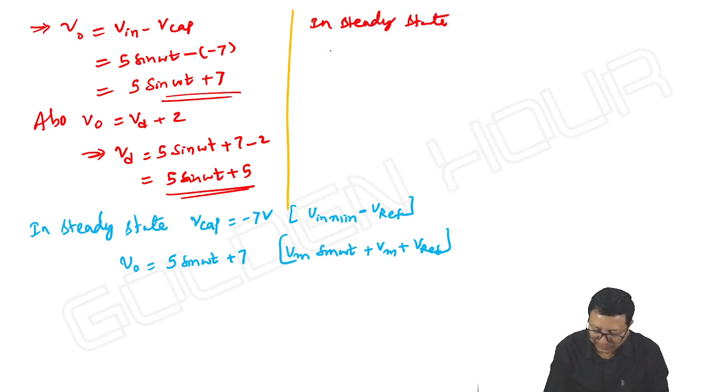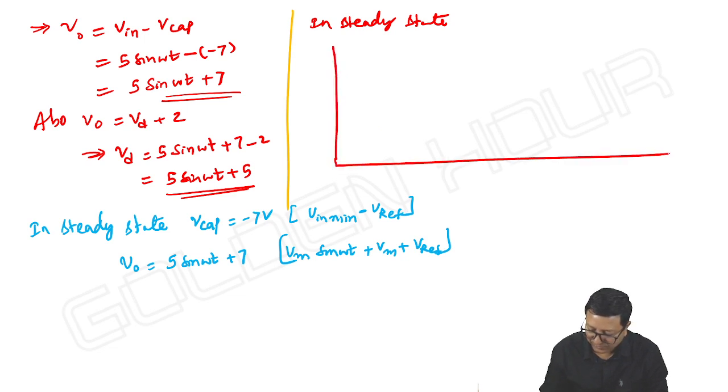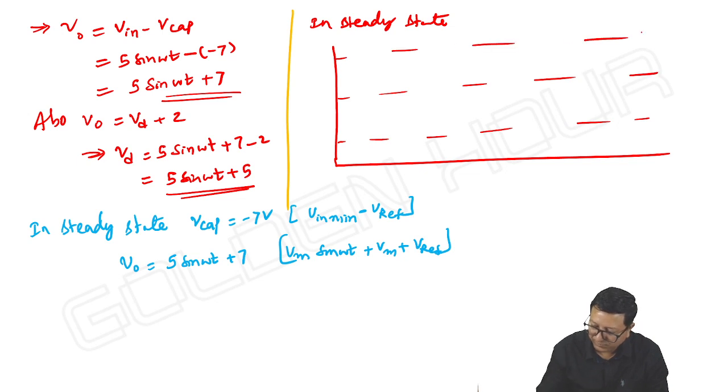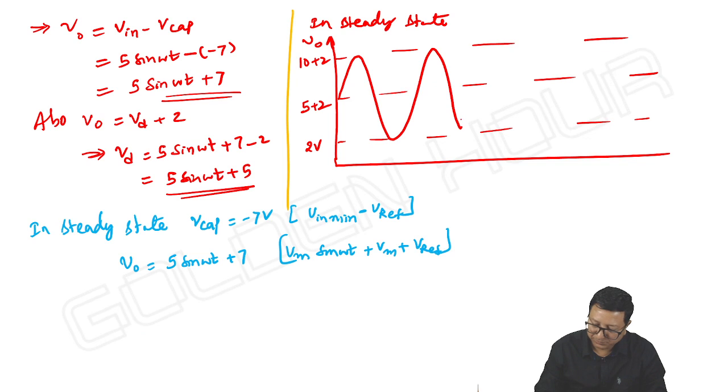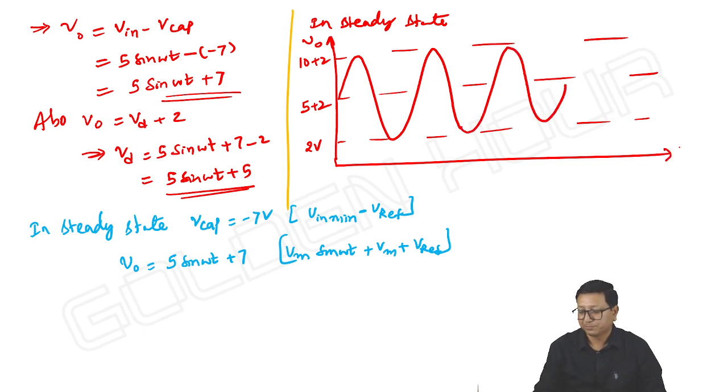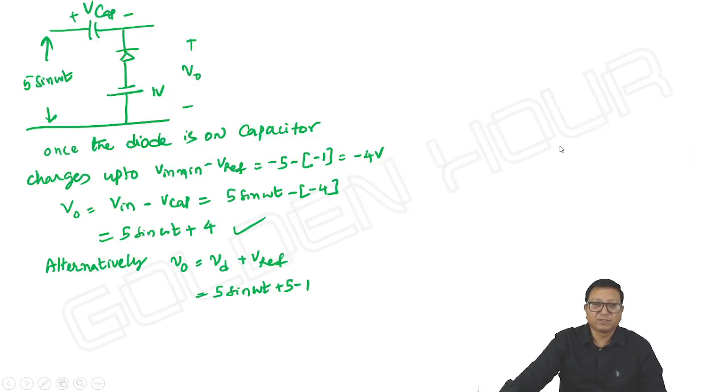In steady state, V output is 2 volts, it is 5 plus 2 and it is 10 plus 2. This way. If V reference is minus 1, then it comes down by an amount of V reference.